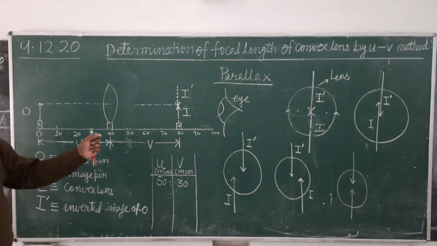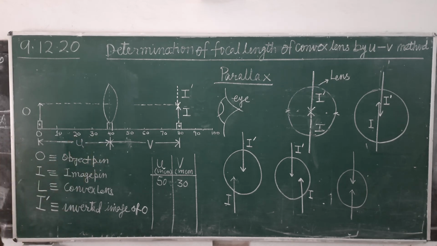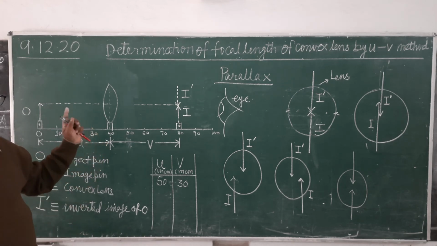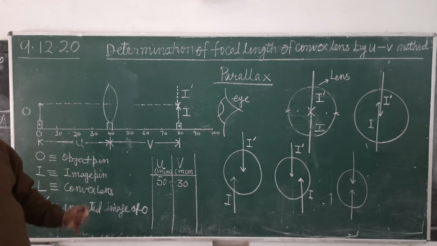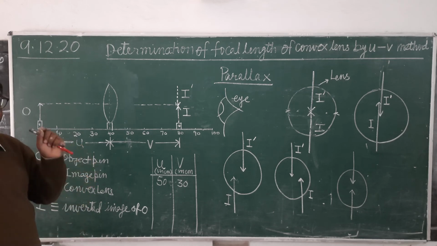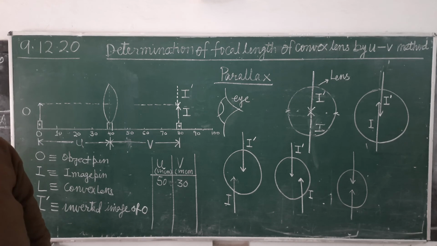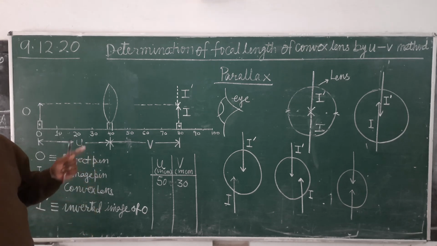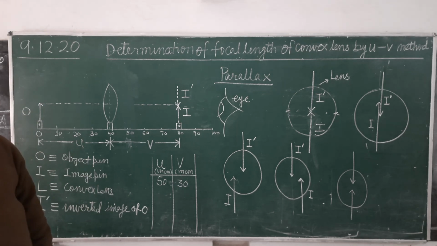Or from 20 to 70 or from 30 to 80, that depends upon the focal length of the lens, and it will be mentioned in the question paper. So once you get the question paper, go through it, because you will take only those values of u or that range of u which is given in the question paper. It's clear? You cannot take values on your own.